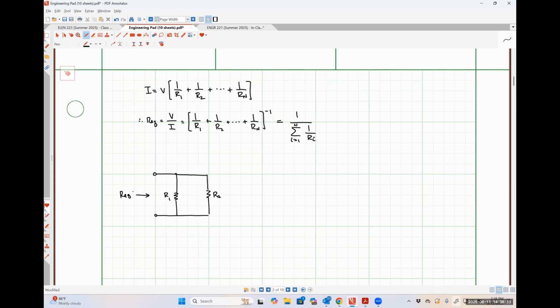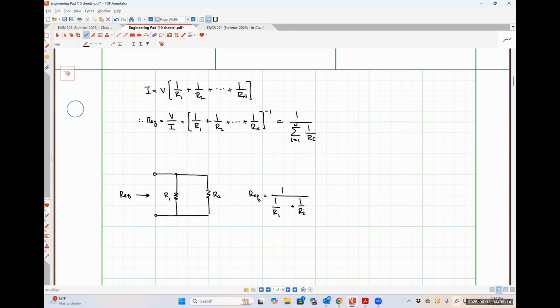So according to the method that I just showed you guys, we could say that Req in this case would be 1 over 1 over R1 plus 1 over R2. So before I move on from here, does anyone disagree with that statement? All right, nobody is saying that they disagree, so I can only assume your silence indicates agreement.